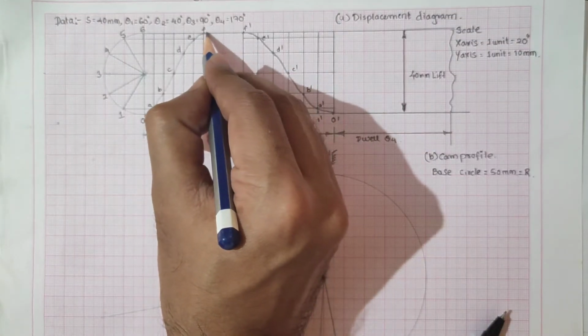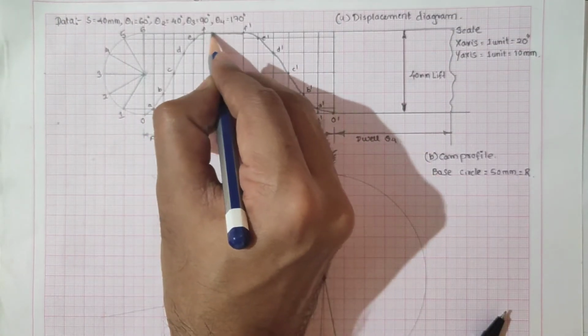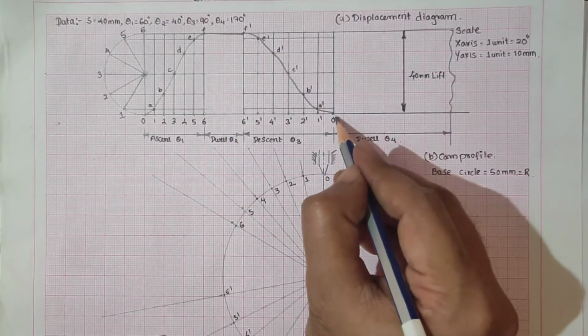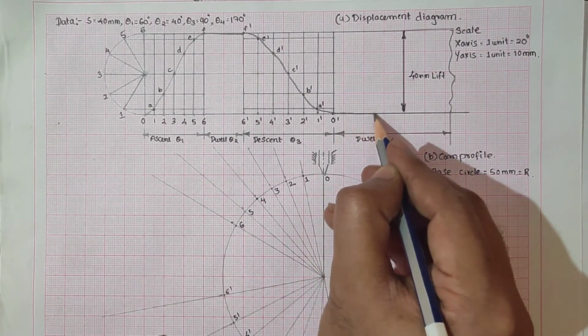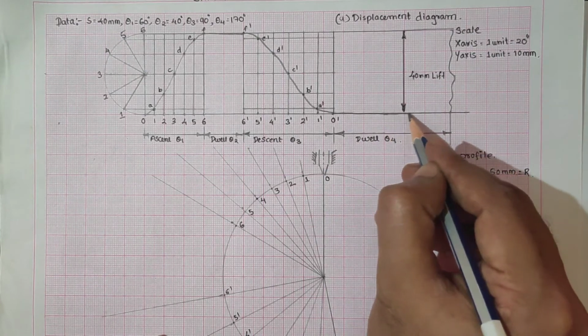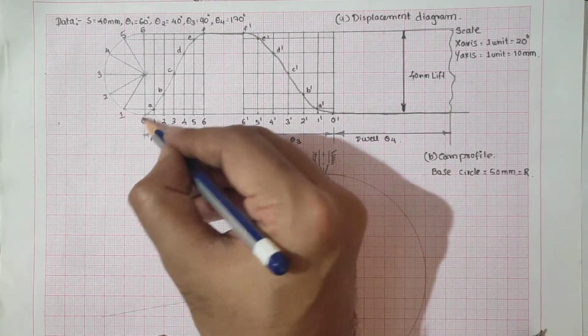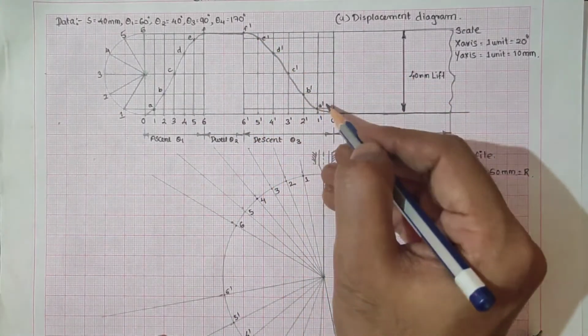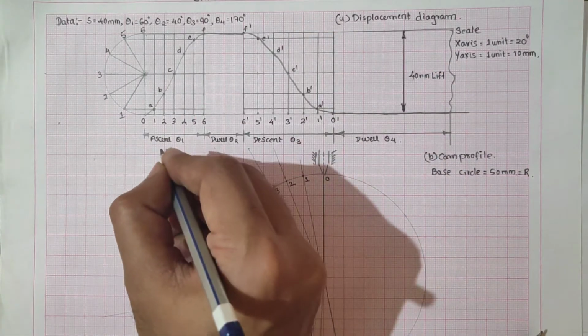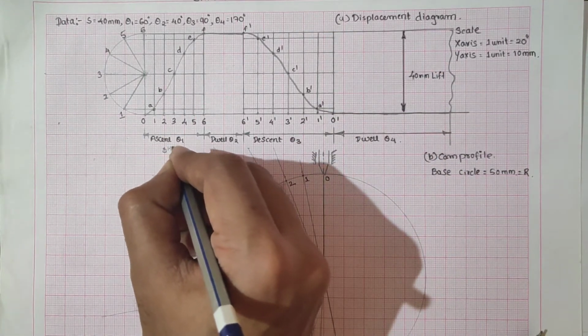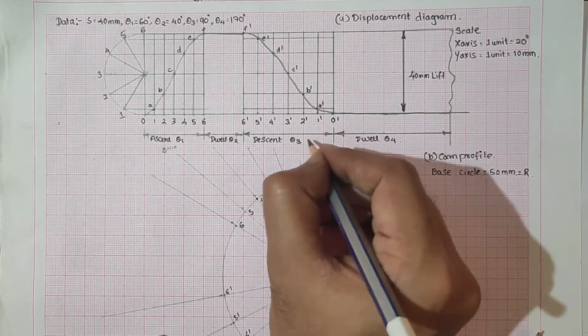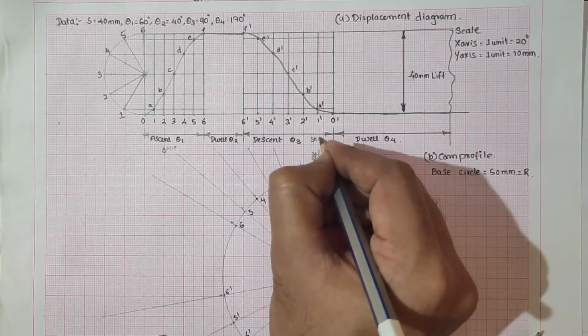From here to here it is 12, and next from here it will be the next 12. So this will be a thick line. This is what a simple harmonic motion is. So here we can write SHM, and here also we can write SHM.